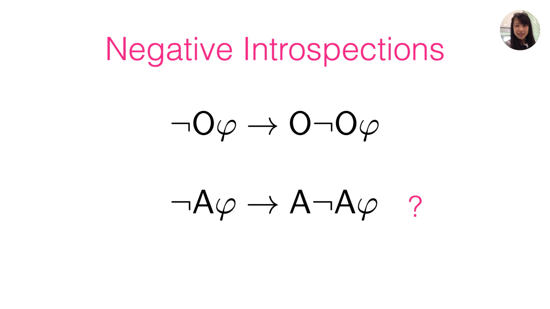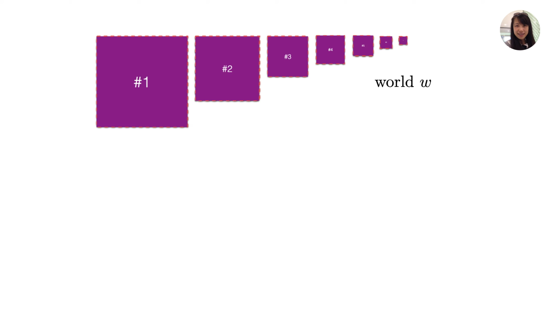Let's take a look why it is not true. I will give you a counterexample to show that the negative introspection for modality A does not hold. Here, the example I'm going to use will be the same as what we have just showed you before. We're considering the world W, where all the rooms are occupied.